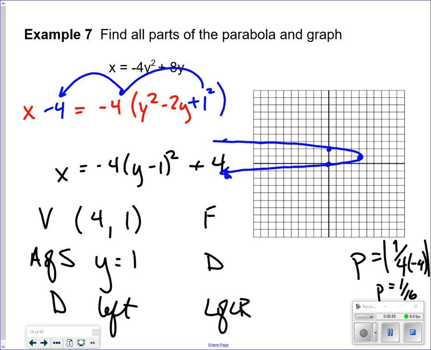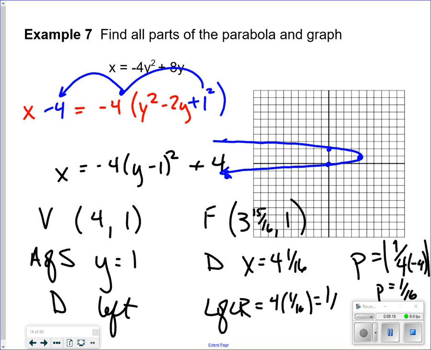So now, if I go 1/16 to the left, so from 4, 1, and I go 1/16 to the left, you're talking about 3 and 15/16, 1. And if I go to the right 1/16 and draw a vertical line, we're talking about 4 and 1/16. And the length of the latus rectum is always 4 times P. So the length of the latus rectum is 1/4.